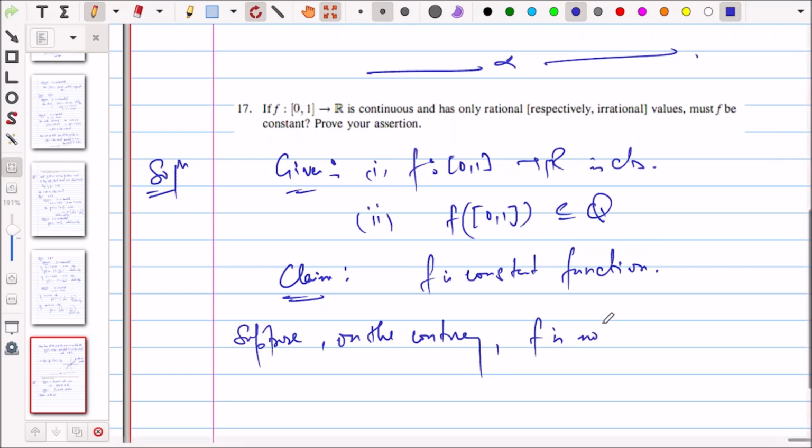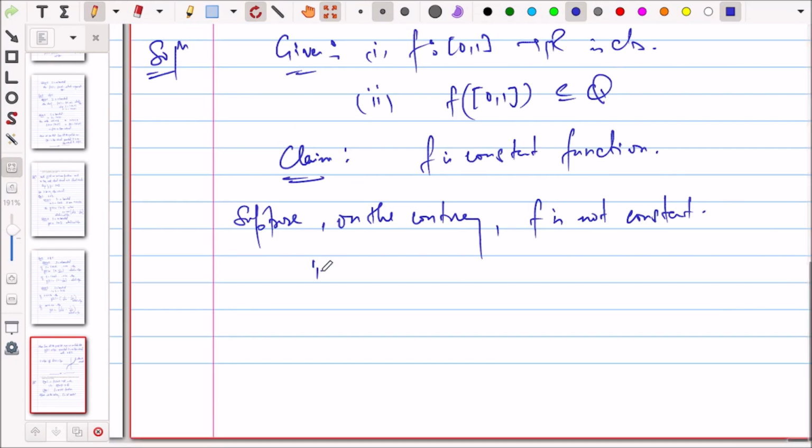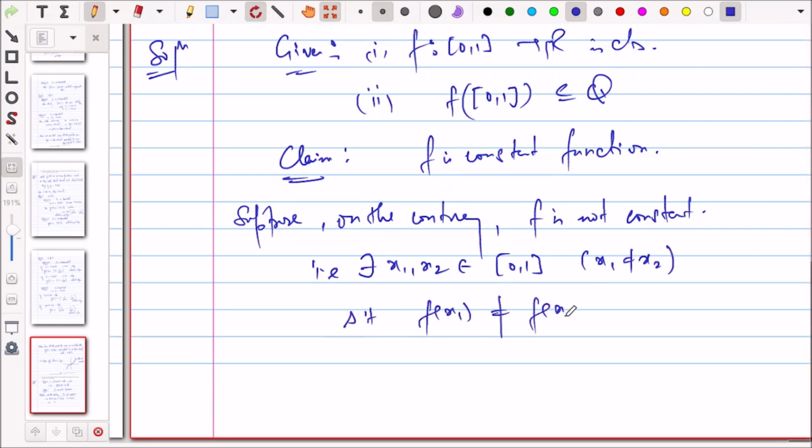f is not constant. That is, there exist x1, x2 belonging to [0,1], x1 not equal to x2, such that f(x1) is not equal to f(x2). So there exist two points at which the value of the function is different. That is why it is not a constant function.